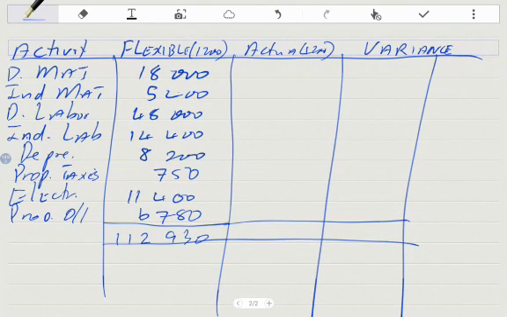So we've got 21,300, 5,600, 53,750, and your 15,200 here in your indirect labor.